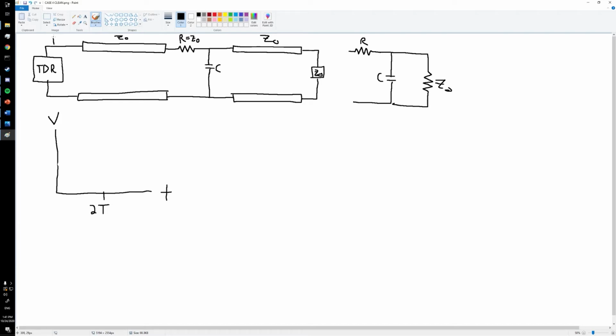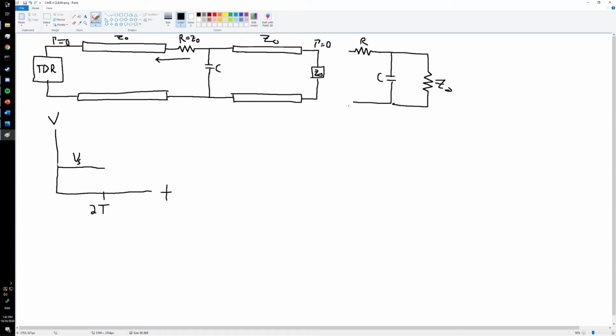Because of this setup, we have a 0 reflection coefficient off of the TDR, as explained in the previous examples, but we also have a 0 reflection coefficient off of the load due to its impedance matched nature, which means the only place we're going to see any reflections is off of the junction on its way back towards the TDR. So to start off with, we're going to have the voltage source value reading on the TDR up until time 2t, when this reflection can come back.